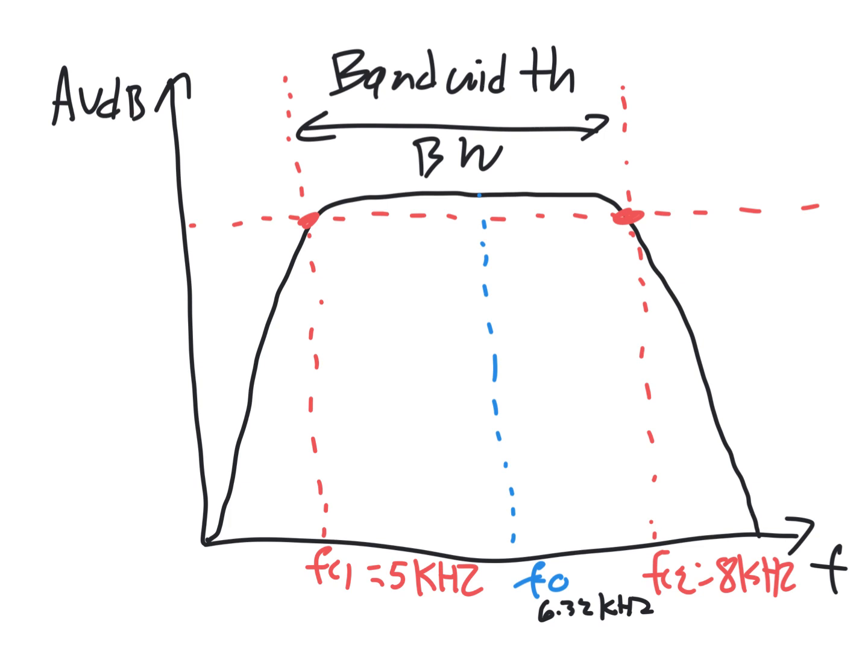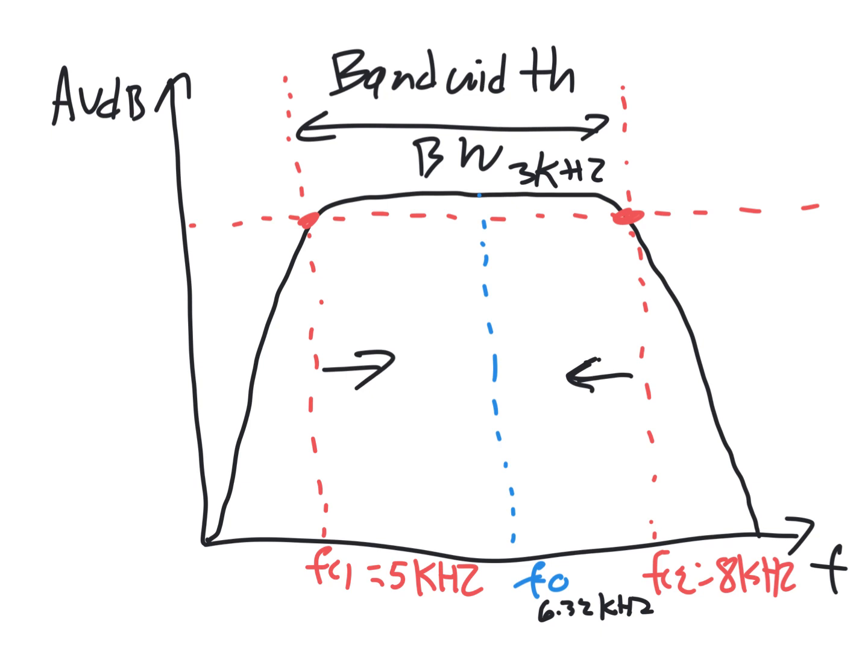6.32 kilohertz, and you can see that. A measure of, if you move FC2 that way and FC1 that way, you can make the response very narrow or very wide, depending on how many frequencies you want to pass.